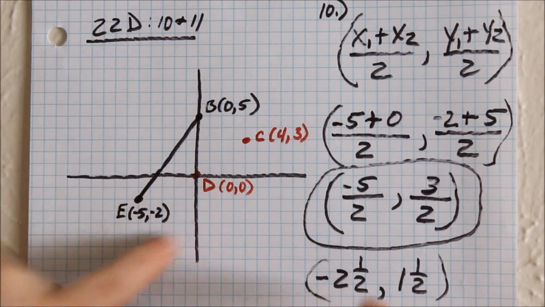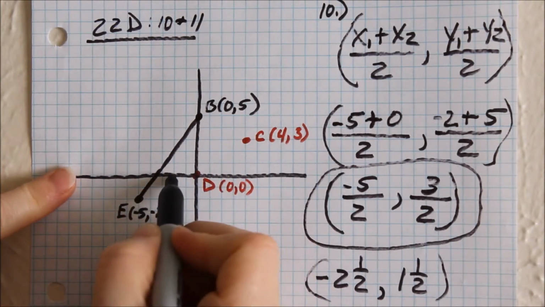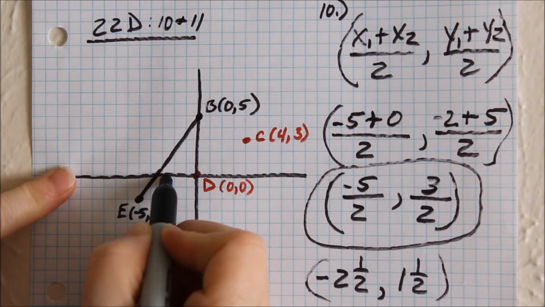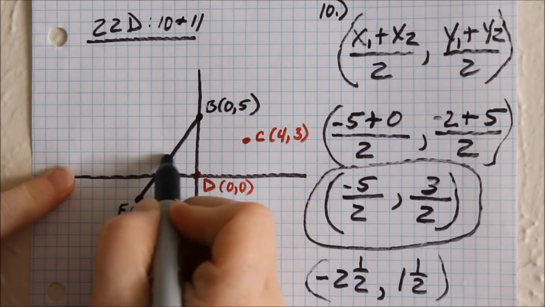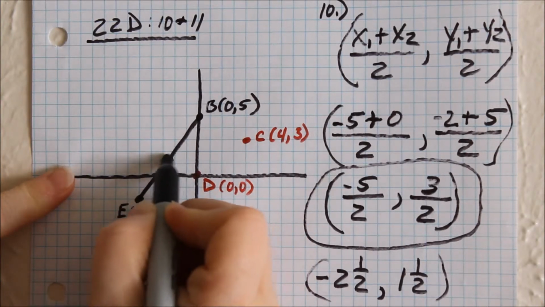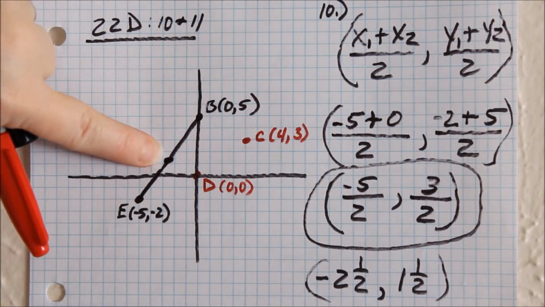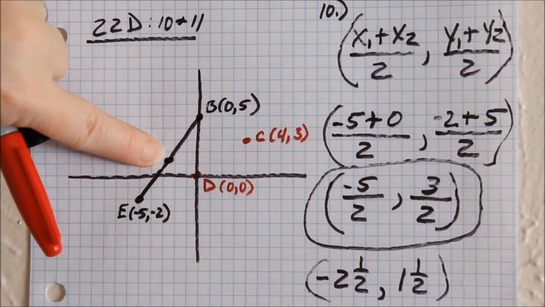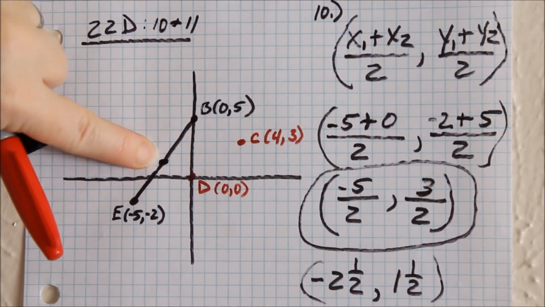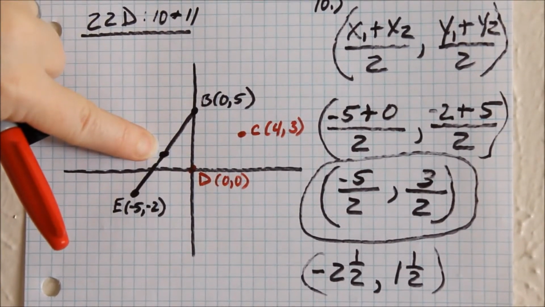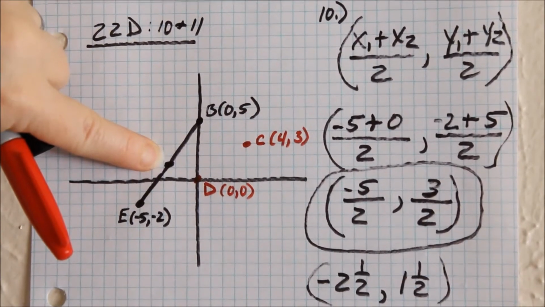So going over -2 and a half. 1, 2, over a half, and then up 1 and a half, 1 here. So plotting those coordinates, that is the midpoint between E and B. That is the coordinate for the midpoint. When you're finding the midpoint, you're actually finding an x and y coordinate.